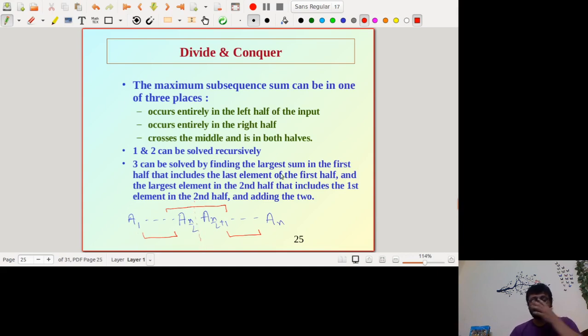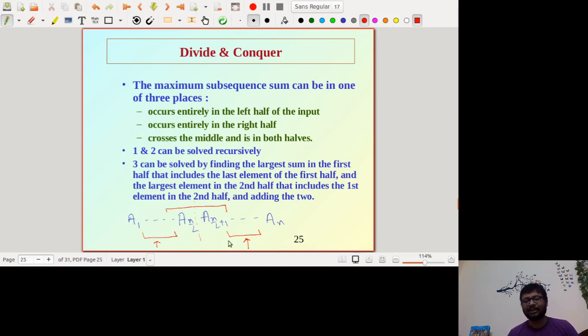Now, if I divide the array into two equal halves and solve the maximum subsequence sum on each of these halves recursively, I will be able to get hold of these two cases. If I solve the maximum subarray recursively on the first half, I'll be able to find the maximum subarray sum of the first half of the array.